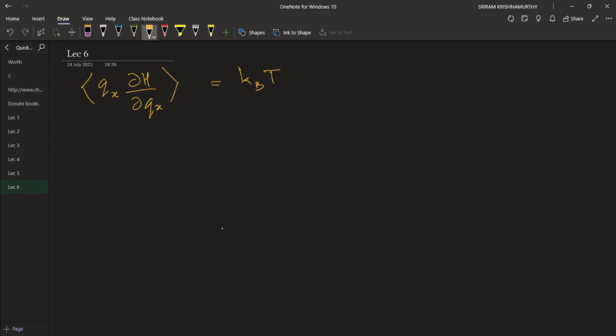So in this case, what we do is we take the derivative of the Hamiltonian with respect to coordinates. In the previous case we took the derivative with respect to momentum. So let's see what we get out of this. We know that H is the kinetic energy of the system plus the potential energy of the system, and ∂H/∂q will just be ∂U/∂q, right? The kinetic term will go to 0.